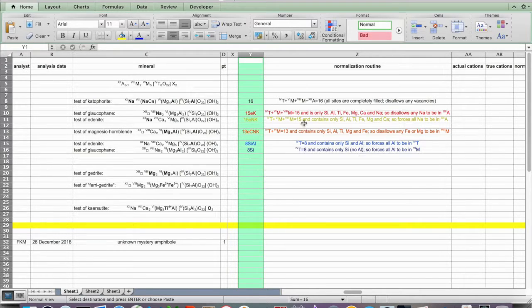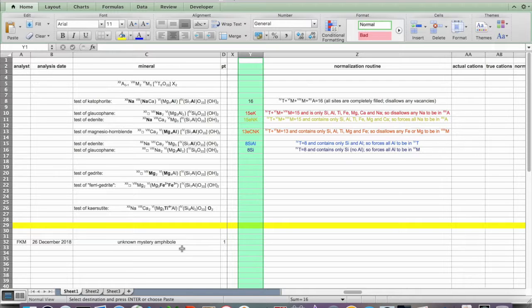Now, because of the sort of fake numbers that I've set up with these, if there are multiple ones that work, we're going to see that they give the exact same result. Okay, but again, in reality, that isn't necessarily going to be the case, because once we have, for example, iron in there, we'll see that the different normalization schemes will calculate a different ratio of ferric iron and ferrous iron. And we'll see that when we do the unknown mystery amphibole.